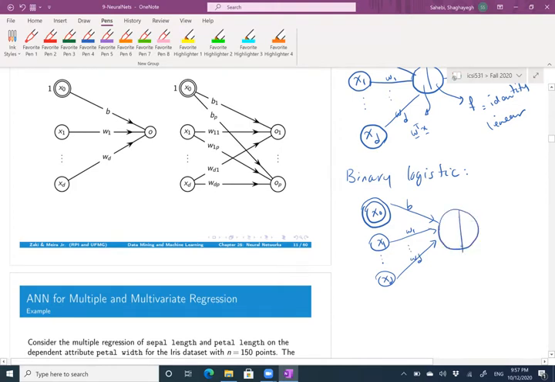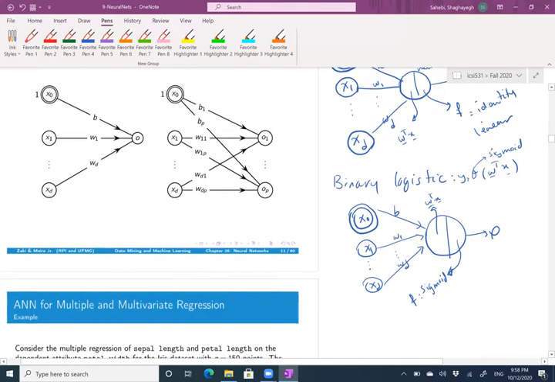We have a neuron. Now here we have W transpose X, but you remember that in binary logistic regression, our Y was theta of W transpose X, and theta was the sigmoid function, right? So if I choose my F, the activation function, to be sigmoid, then my output is going to be equivalent to the output of binary logistic regression, right? So that's nice.